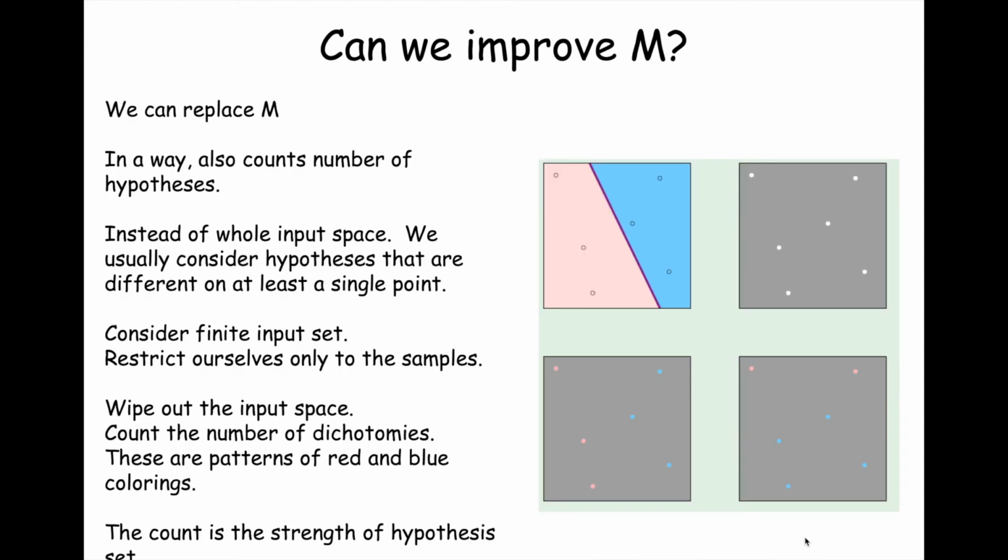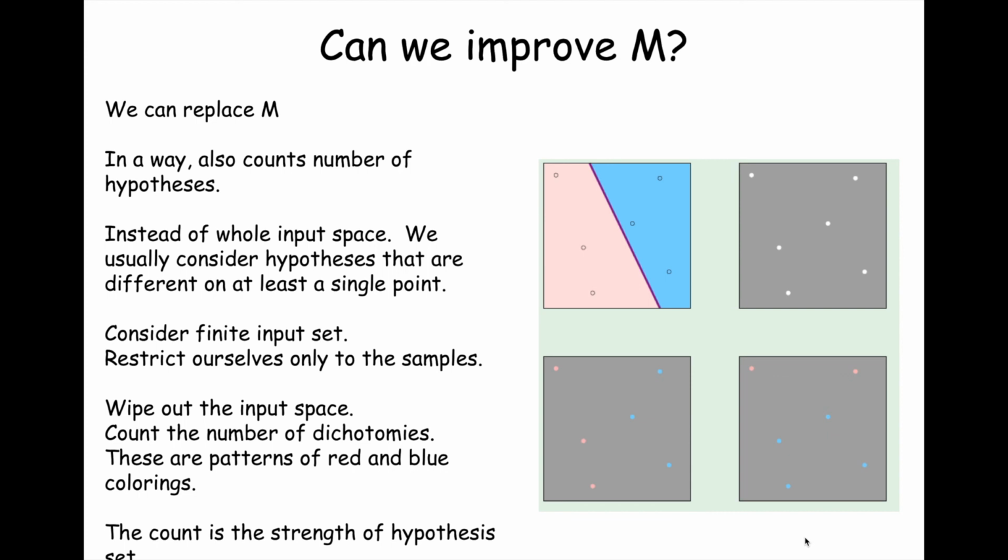So if we're going to do that, well, now all we need is just one representative, and that representative is going to be the way that they assign +1, -1 labels to those in-sample points. So here we have our input space representation in the upper left-hand frame. And let's say the pink region is the -1 classification by that particular hypothesis.